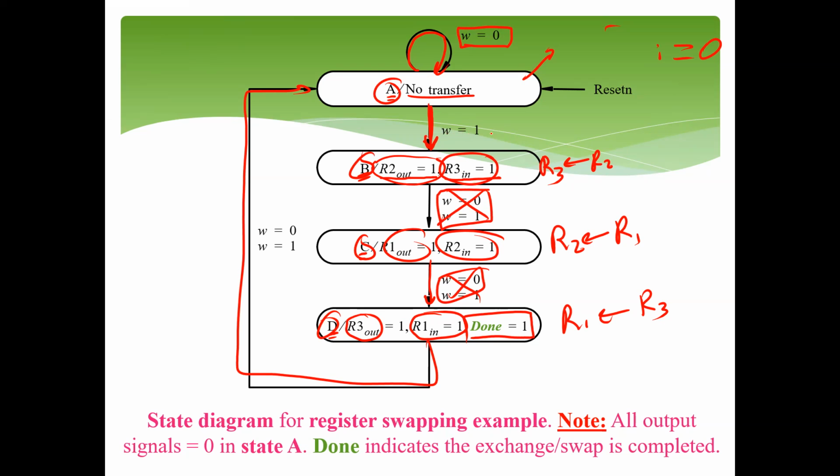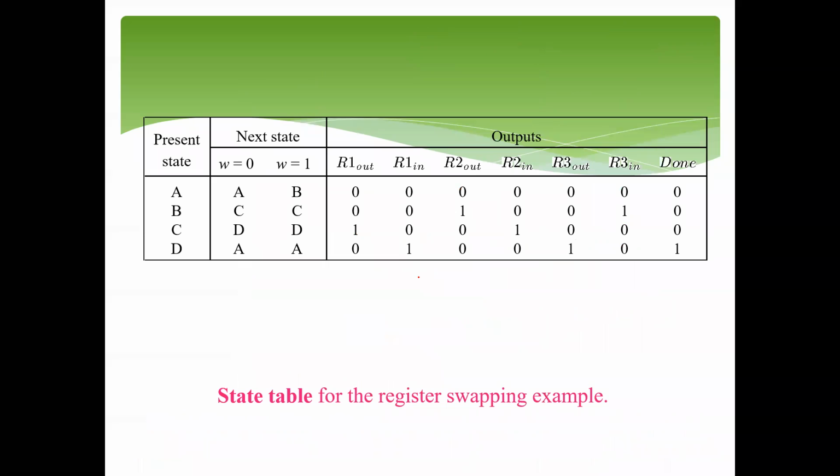I don't see W equal to 1, make R3 equal to 1. Now, if you see something like that, this is a Mealy type machine, meaning that the output, let's say R3 out, depends on the current state, which is A, and the value of the input. But since we only have values of the output inside the states, meaning the output only depends on the current state, making it a Mealy machine. Sorry, making it a Moore machine.